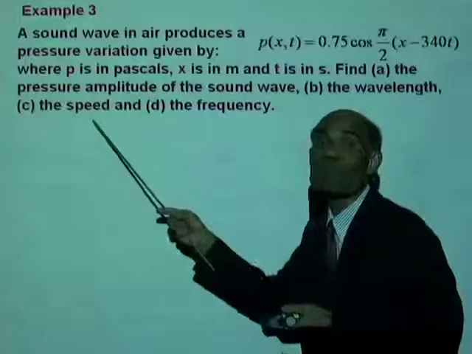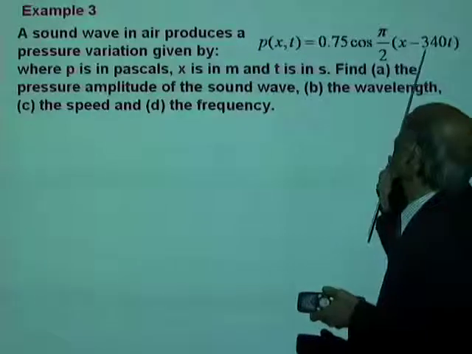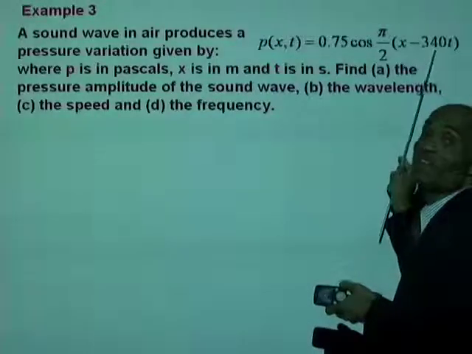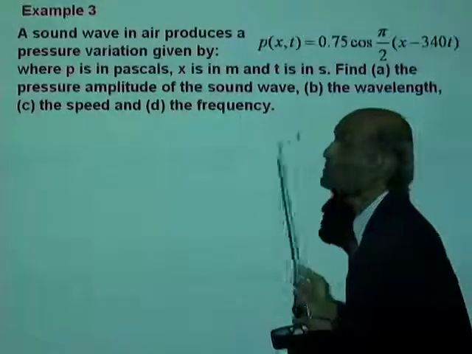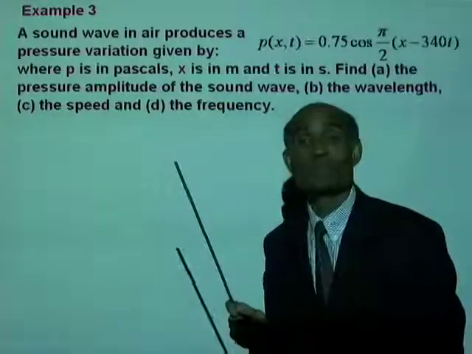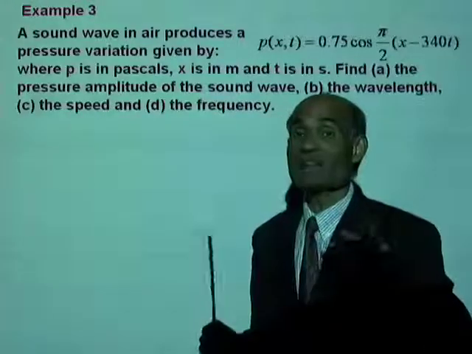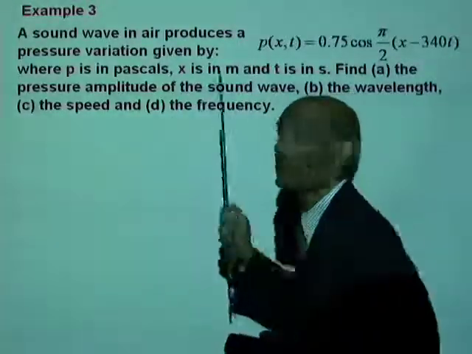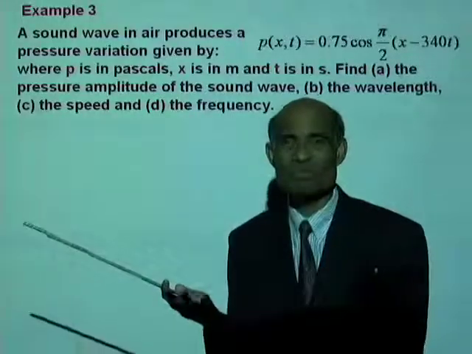The speed of the wave, again there is nothing to find. The speed is this, x minus vt. So that is your speed. And the frequency: if you know your speed and wavelength, then you can find the frequency. So these problems are very simple for you.